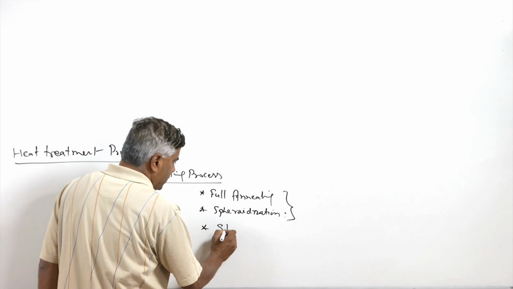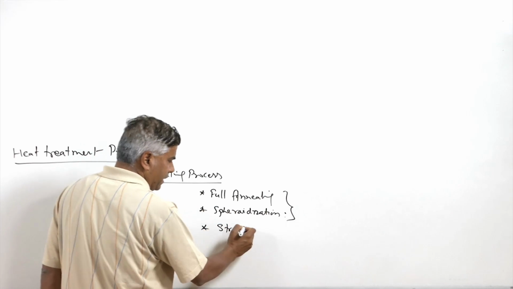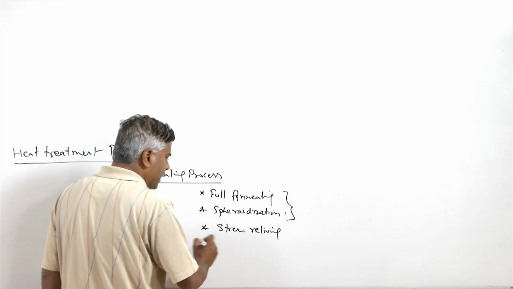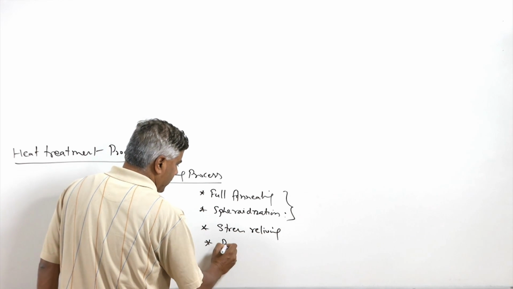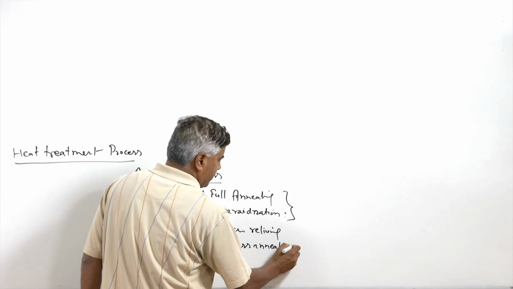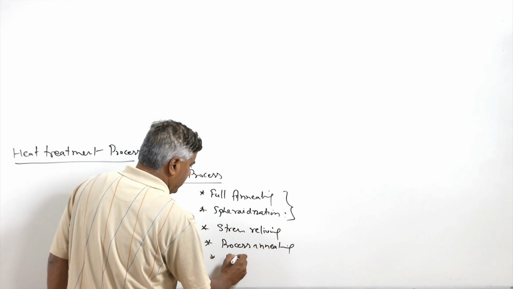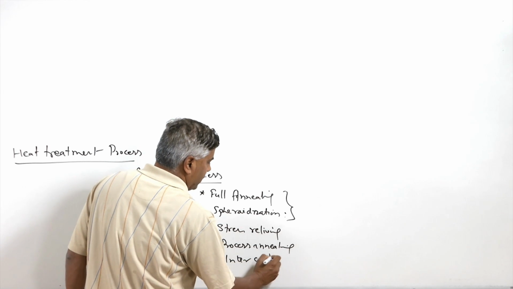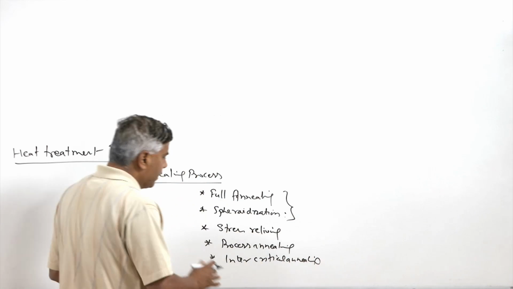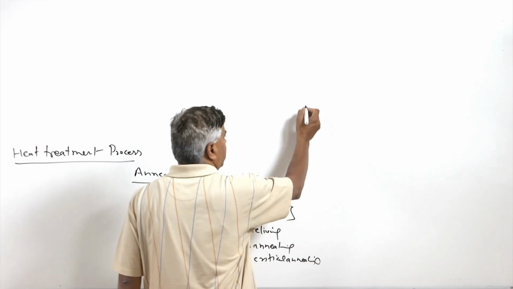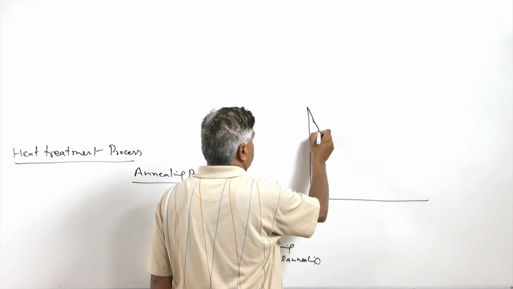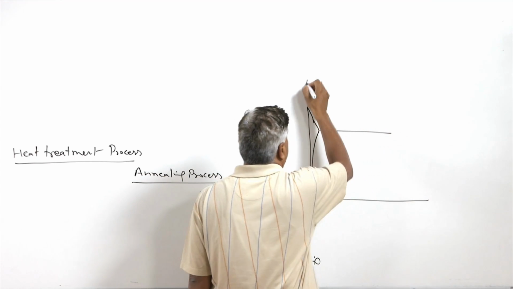Now we will see the other three processes: the stress relieving annealing for stress relieving, then process annealing, and intercritical annealing. The purposes of all these processes are different, and to understand them we need to discuss them with reference to the iron carbon diagram.